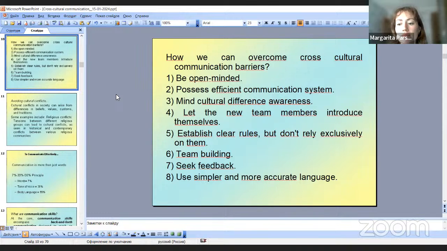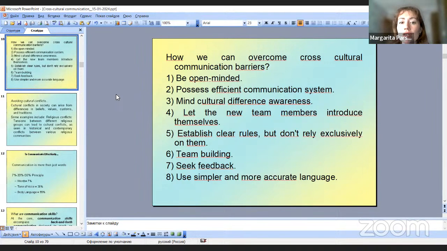Difficulties in language can happen to every person. Every person can face that if he is not an English speaker. So it's difficult for everybody, and we must understand it. So, possessing an efficient communication system means trying to express your thoughts in different words, in the language which you are speaking, but in other words.